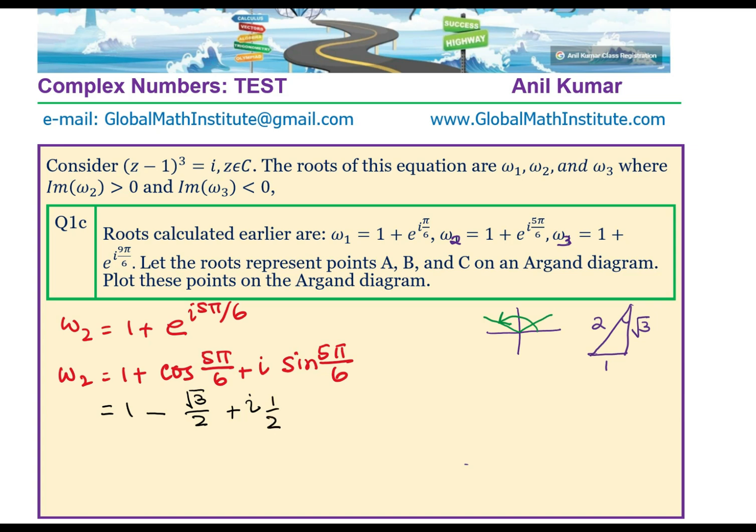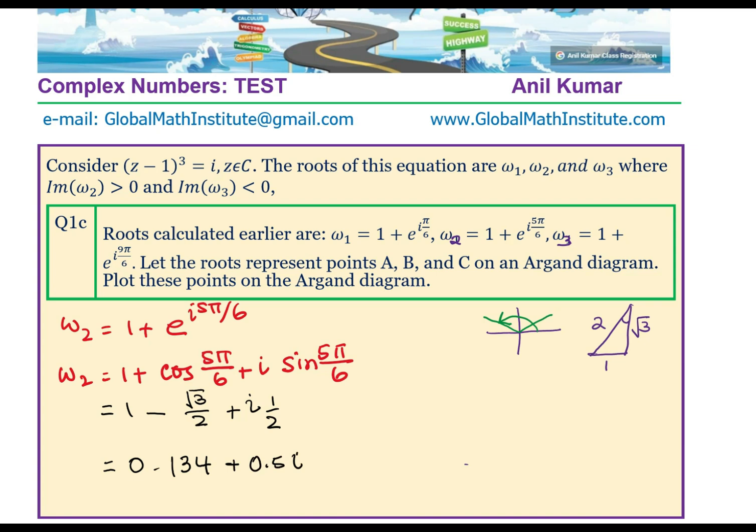So let's calculate this value also. This time we have 1 minus square root 3 divided by 2. The decimal value is equal to 0.1339. I'm just writing 0.134. Plus 0.5 i.